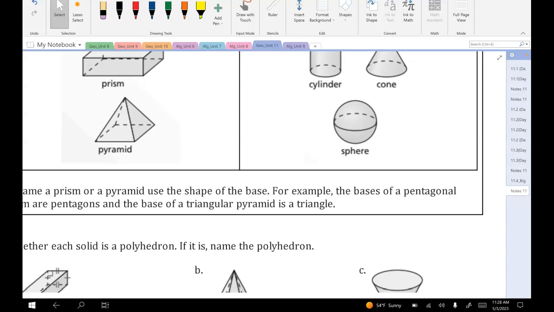If the base is 3 sides, it's a triangular prism. Same thing for a pyramid. If the base is a square, it's a square pyramid; a rectangle, a rectangular pyramid; a pentagon, a pentagonal pyramid.